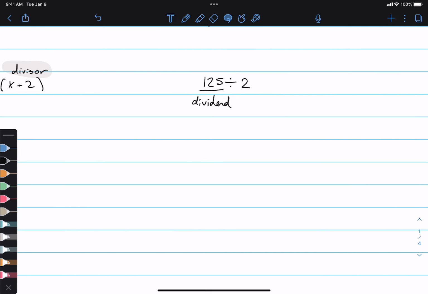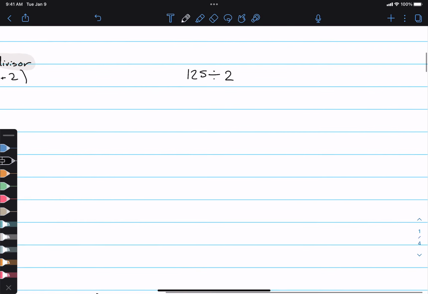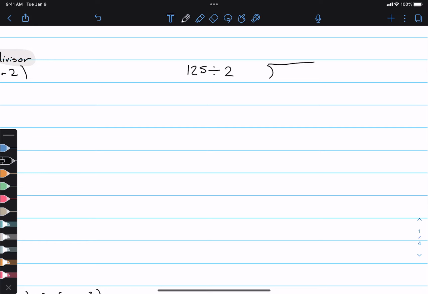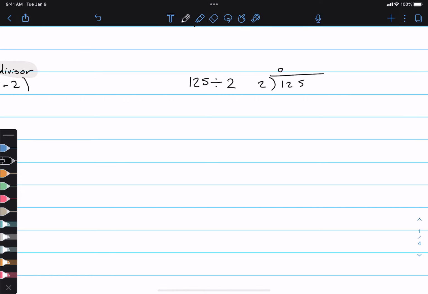But anyways, we have these two, and we're going to write this box here. We're going to put 2 here and 125 inside the house. And we're just going to start going over how much 2 goes into each term. So 2 does not go into 1, so we have a 0 here. And then 2 goes into 12 6 times, and we're going to subtract 2 times 6, which is 12.